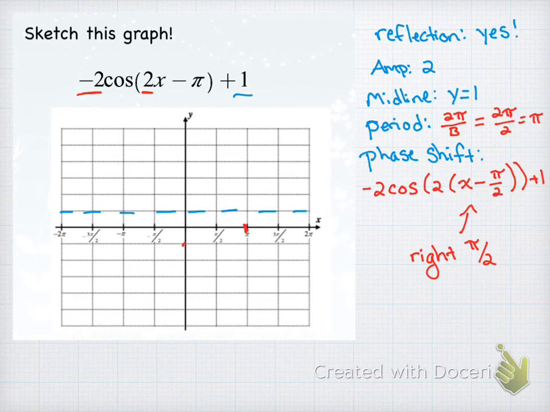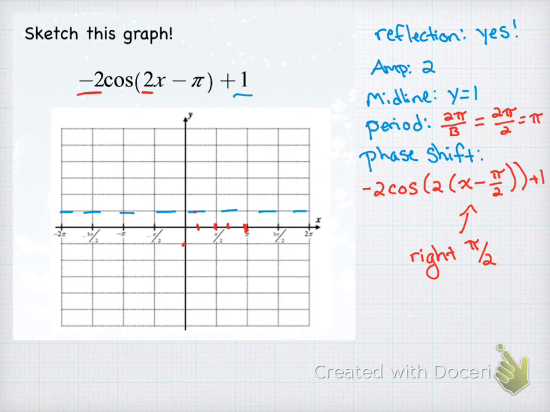My pen is not working. There we go. Okay? So what that means is I have to cut pi into 4 little pieces. So I have this little piece here and this little piece here, and this pi over 2 will be my halfway point. So without a phase shift, I know that I start below the midline, on the midline at my first quarter, above the midline.